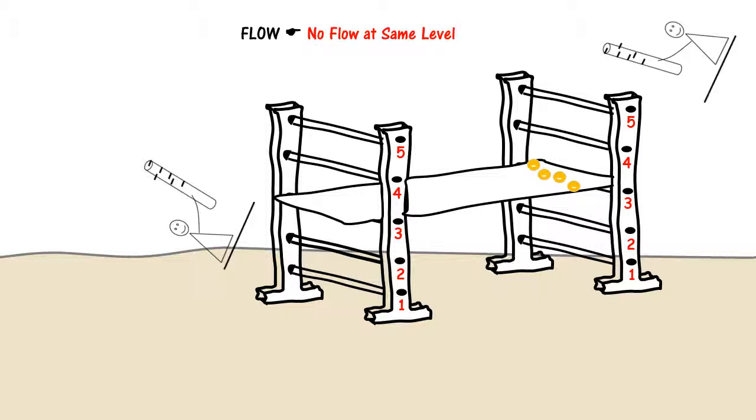Here, both the ends are at the same level, so both the left end and the right end have negative charges of equal magnitude. So the analogy is like a plane which is parallel to the ground, and here the electrons don't flow.